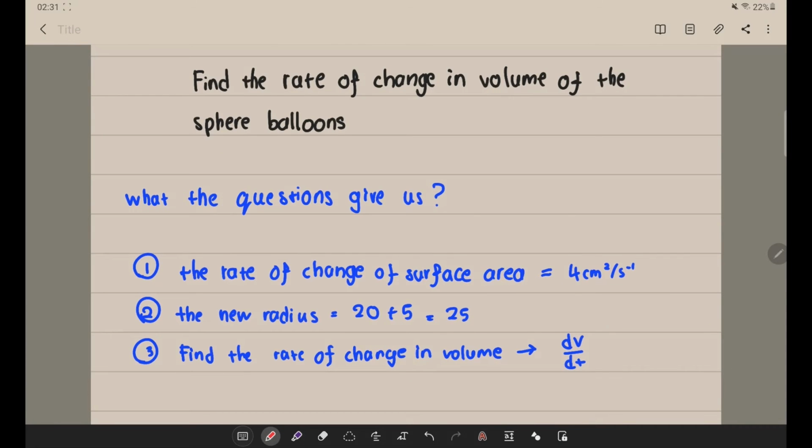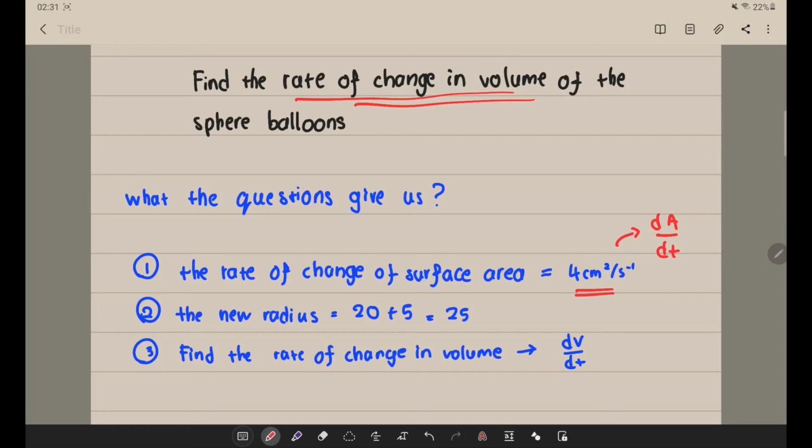So for the calculation, we need to find the rate of change in volume of the spherical balloon. First we look at what the question gives us. The question gives us the rate of change of surface area, which is 4 cm² per second. Therefore, this is dA over dt.